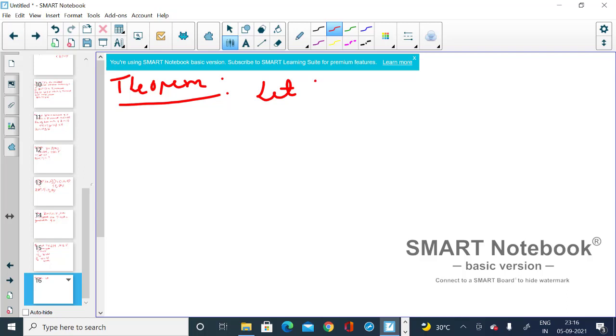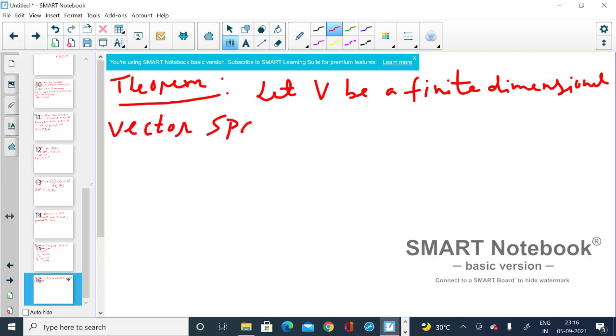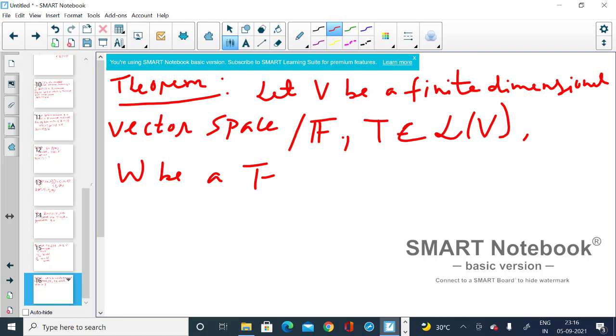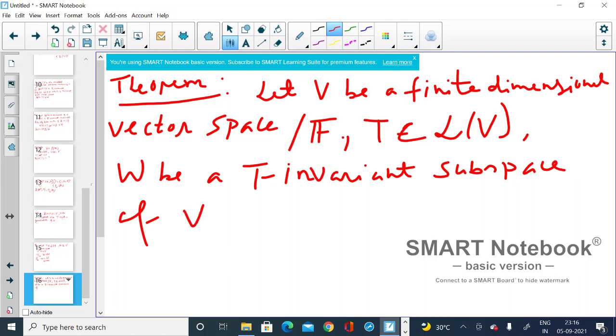So let V be a finite dimensional vector space over a field F. Suppose you have a linear operator T on V, and W a T-invariant subspace of V. Then what happens?